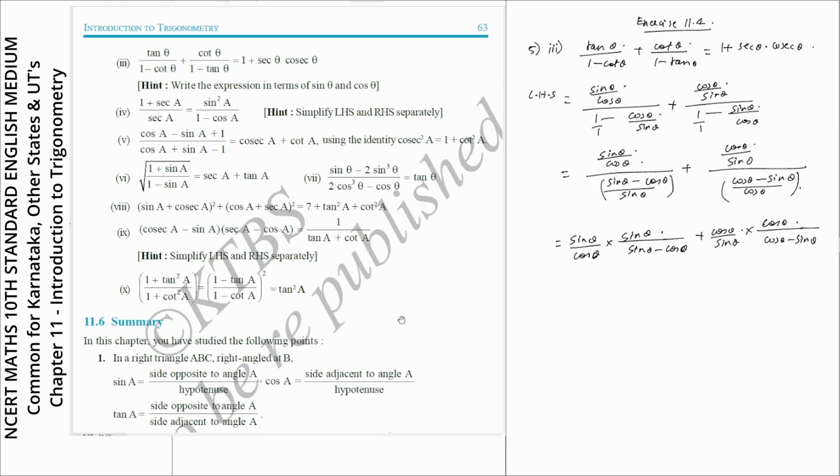So now here sin theta into sin theta is sin square theta divided by cos theta into sin theta minus cos theta, plus here cos theta into cos theta is cos square theta by sin theta into cos theta minus sin theta will get.